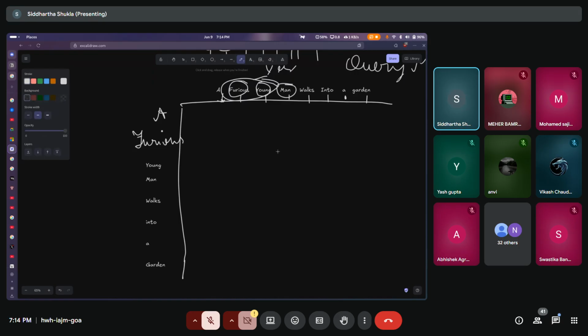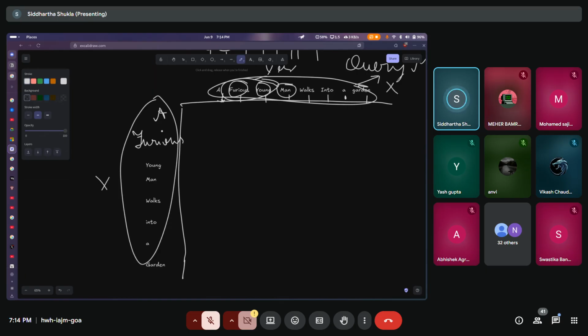So what happens? All of these get multiplied by the query matrix, and all of these get multiplied by something called a key matrix. The query matrix asks a question, and the key matrix responds.